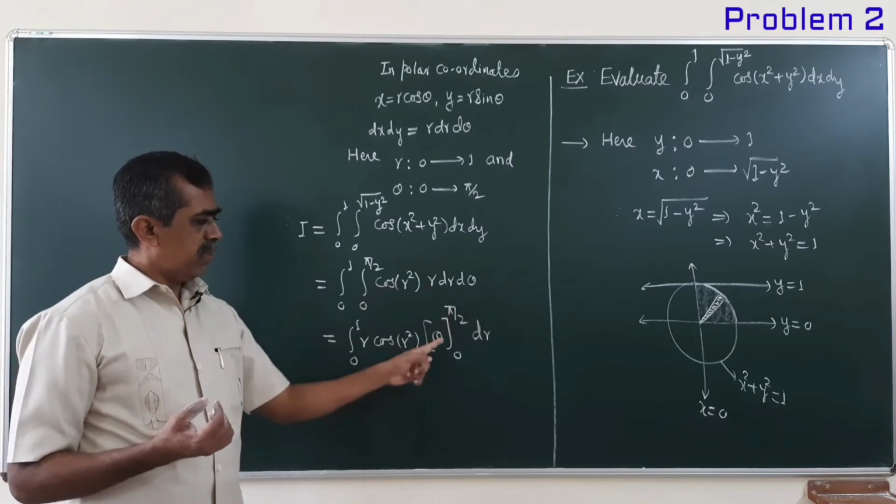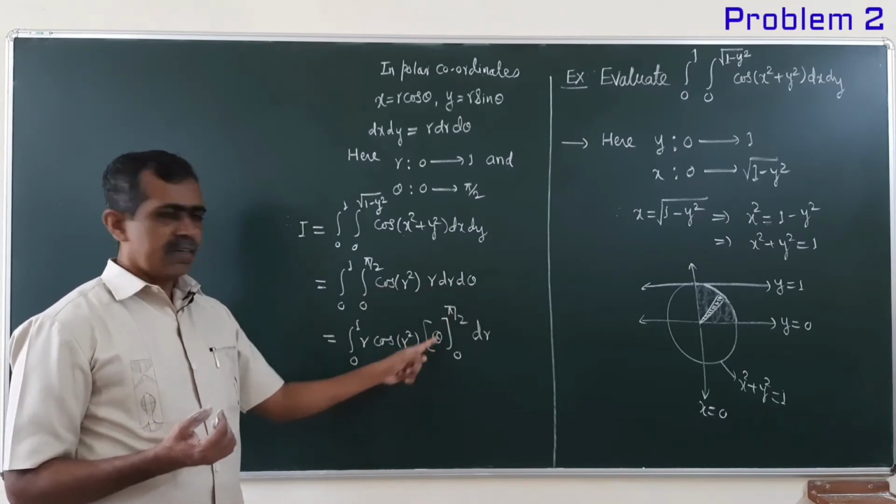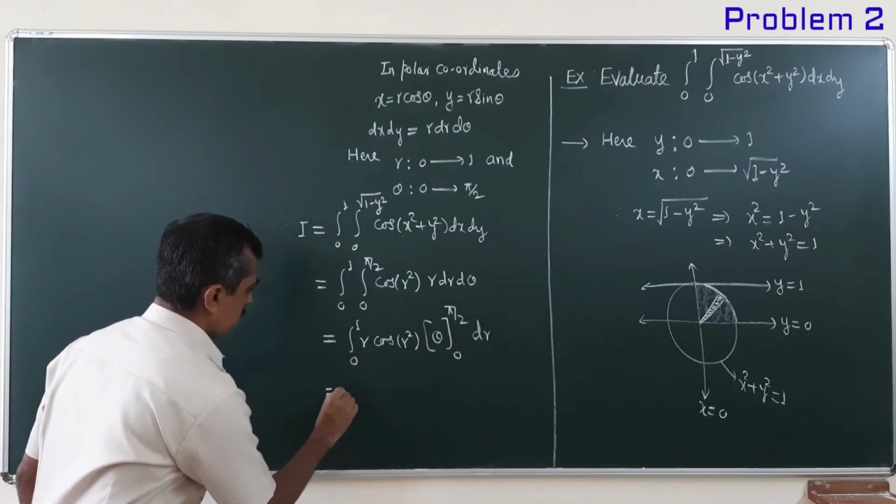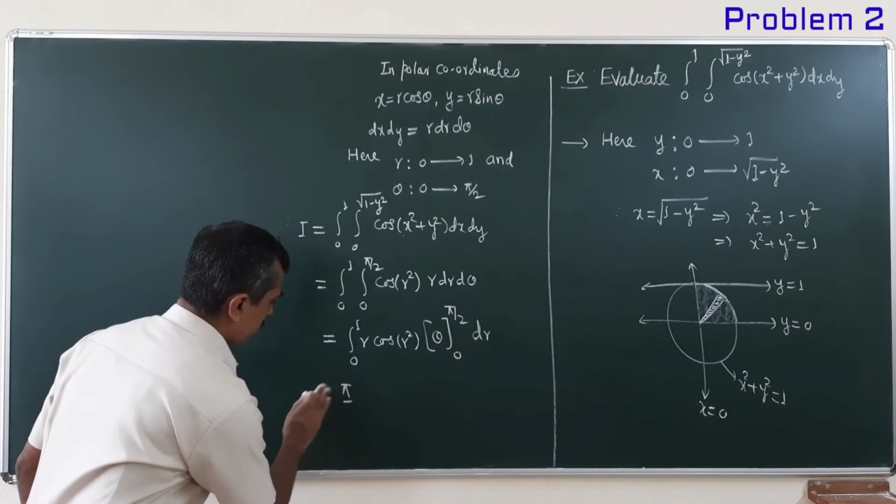Integral of d theta is theta over 0 to pi by 2. What is this integral? Simply pi by 2.